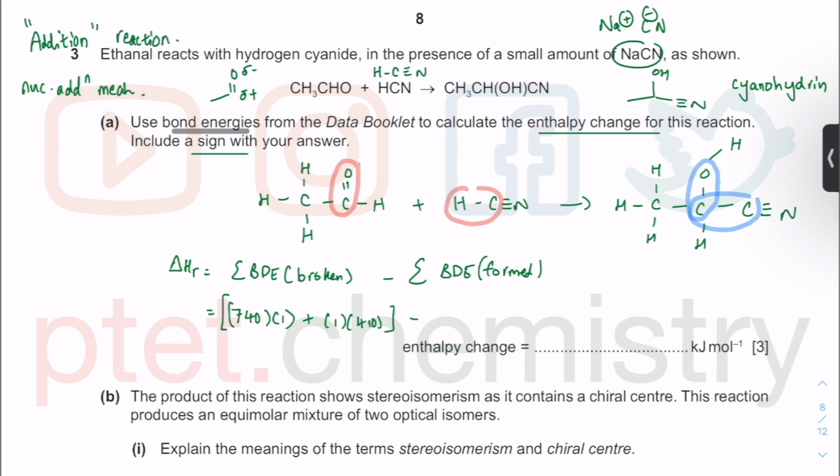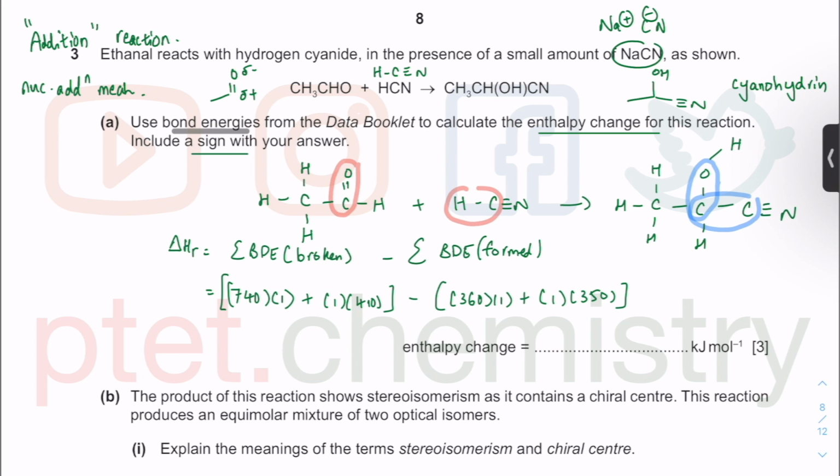Then I take away the bond energy that I need to form. These are C-O single bonds, so there's 360 multiplied by 1, and then I have one carbon-carbon single bond, that is 350. What do I have altogether? Let's key that into the calculator.